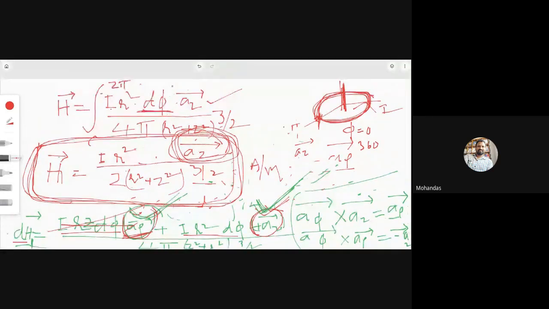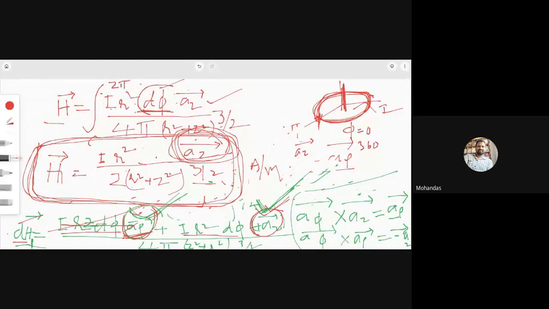This is dH, the differential magnetic field intensity. If you want the total magnetic field intensity H, we have to integrate on both sides. If you integrate on both sides, dH becomes H. So we are going to integrate this equation with respect to d phi.